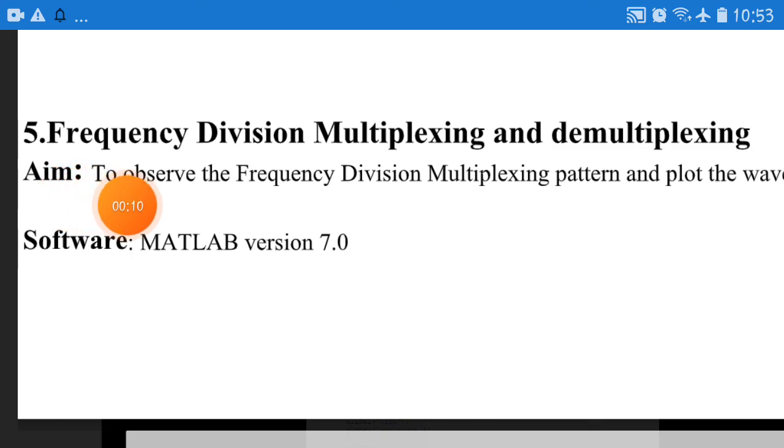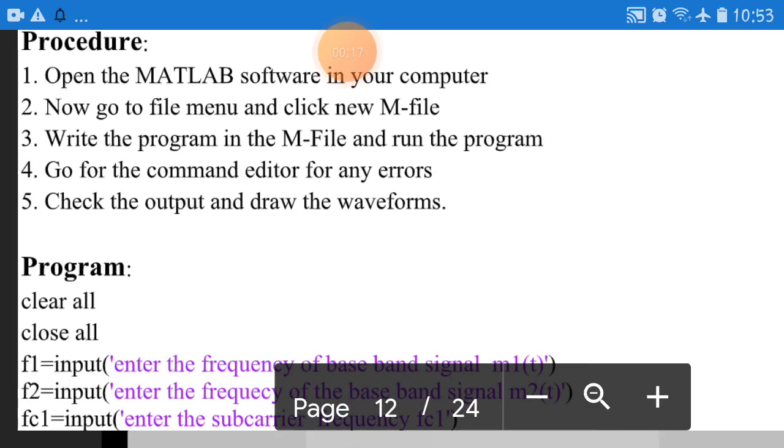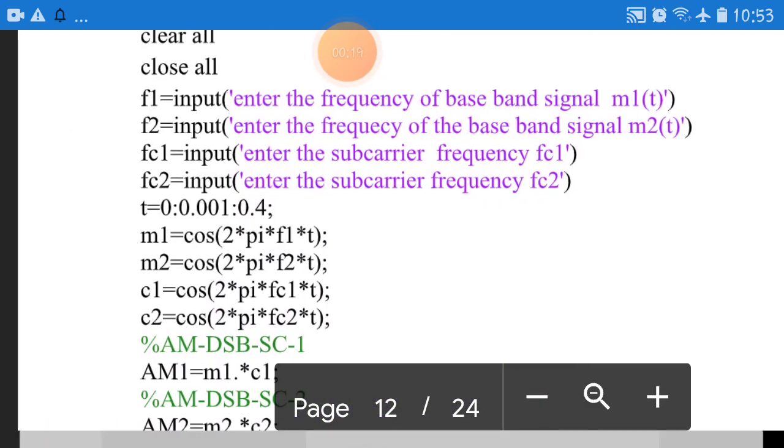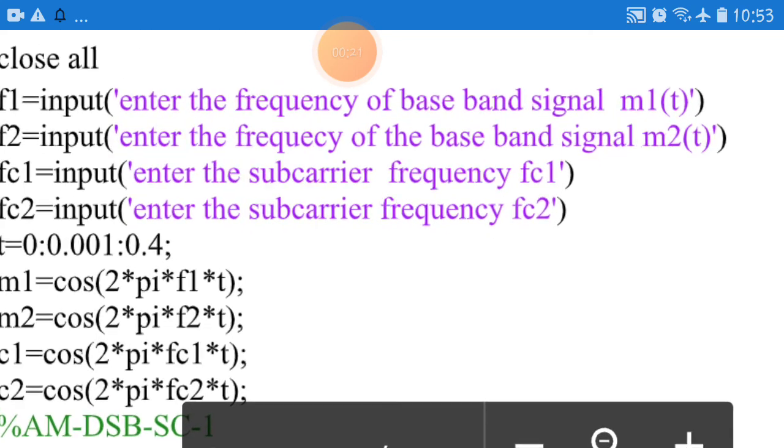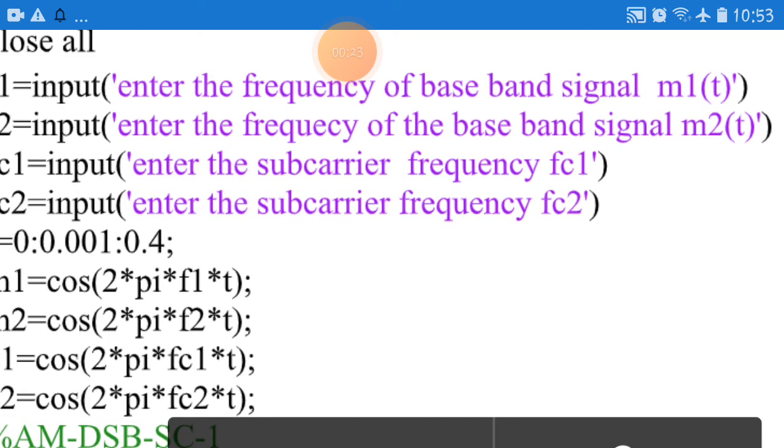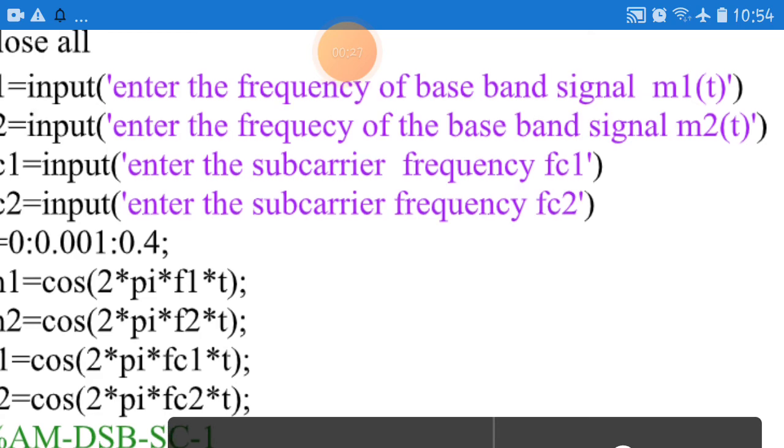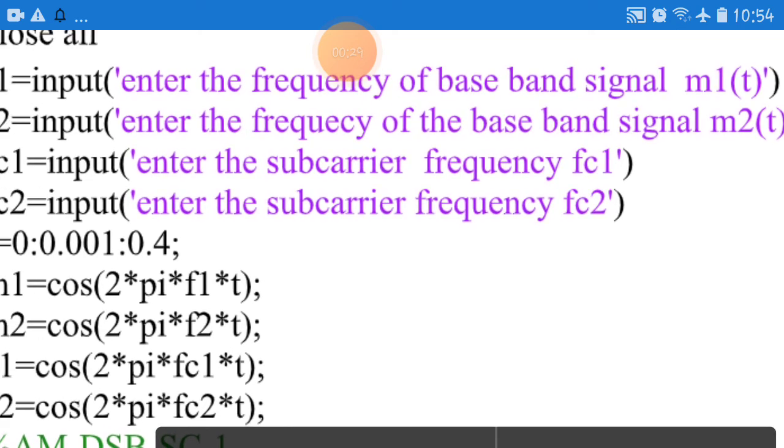So next topic is frequency division multiplexing and demultiplexing. So that is FDM. Now let us see the code. Here two DSBSC signals are generated with different carrier frequencies and they are added.